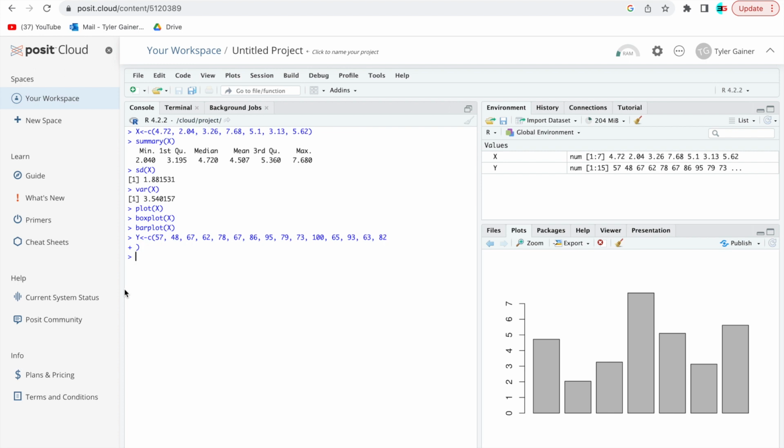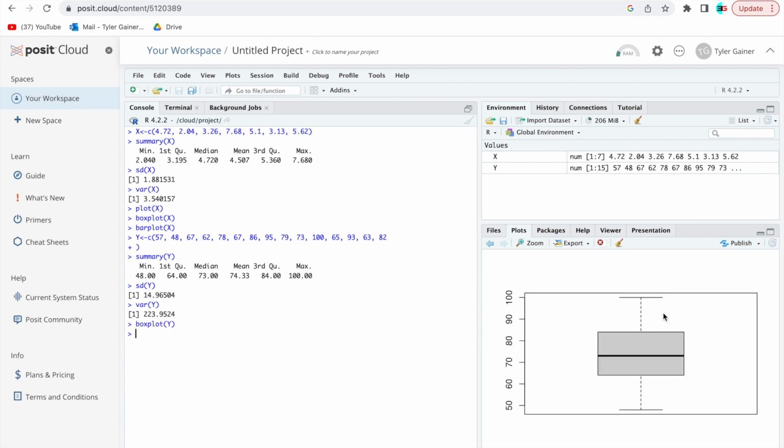So now let's do a summary of our Y, and there we go. And let's do the standard deviation, the variance, and let's do a box plot of Y. All right, there we go. It's as simple as that.